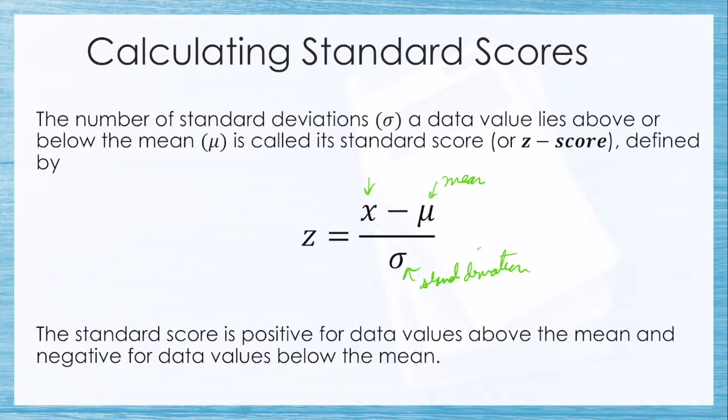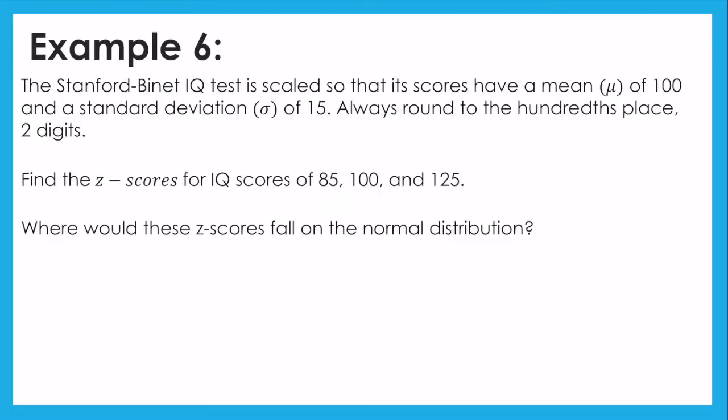If my data value is above the mean, my Z-score, also known as a standard score, is going to be positive. And if my data value is below the mean, I'm going to get a negative Z-score. So let's go ahead and calculate some Z-scores using this example.